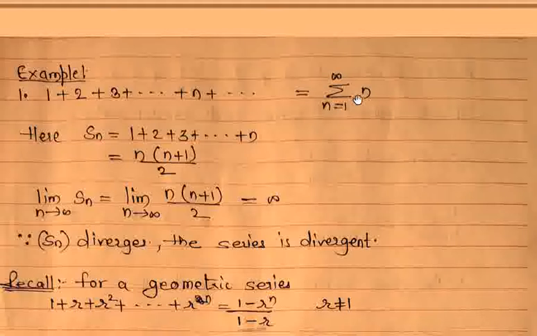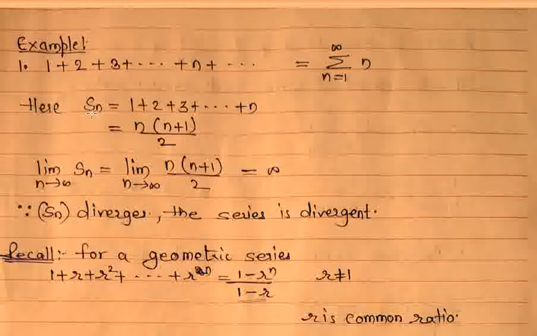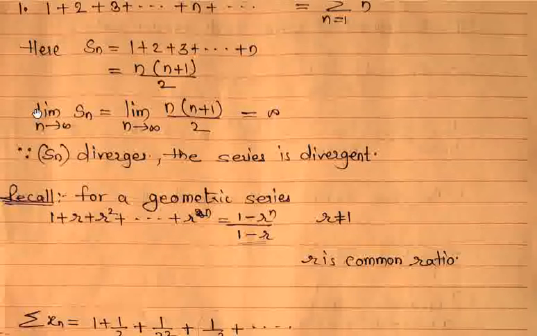So this is the summation of n from 1 to infinity. So the terms would just simply be 1, 2, 3, etc. Right? So S of n is just n times (n plus 1) divided by 2. So you take the limit as n tends to infinity on both sides.